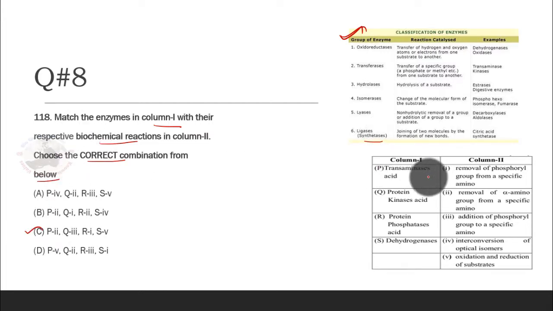Transaminases will remove the amino group from amino acids, and Q is going to be 3: addition of a phosphoryl group at a specific amino acid, then removal of the phosphoryl group from the amino acid by phosphatases. Then dehydrogenases are involved in oxidation and reduction of these substances, which is the first one here. Hence we can go with option 3.